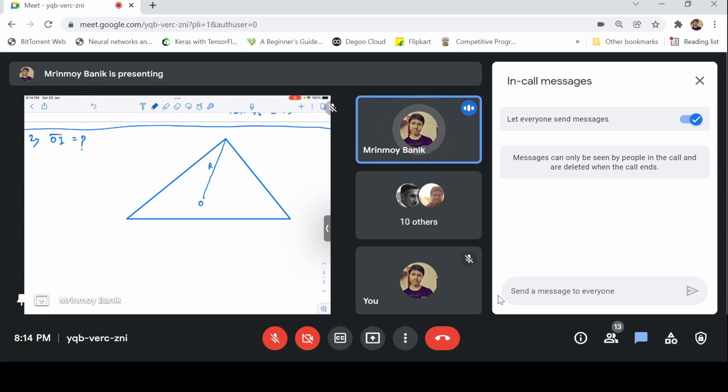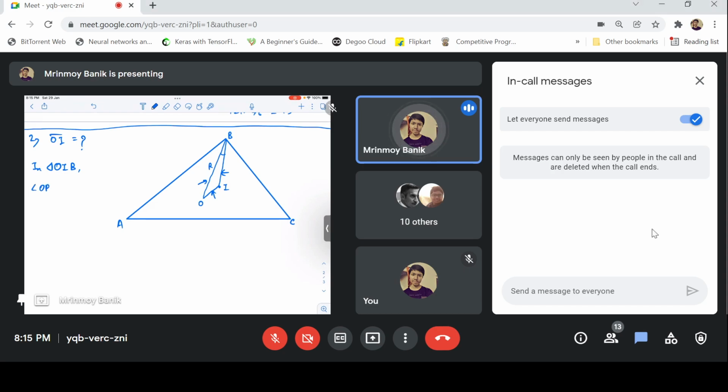This length is R, and incenter I. So our aim is to work with this triangle OIB. So in triangle OIB, we will find these two sides and try to find this side from this angle and the adjacent sides. So now what is this angle?